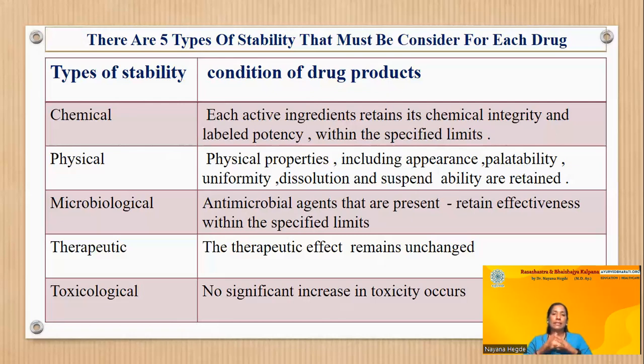Next क्या है? Physical stability. Physical stability means the product should retain the physical properties including appearance, palatability, uniformity of the particles, dissolution, and the suspendability. Next is microbiological stability.